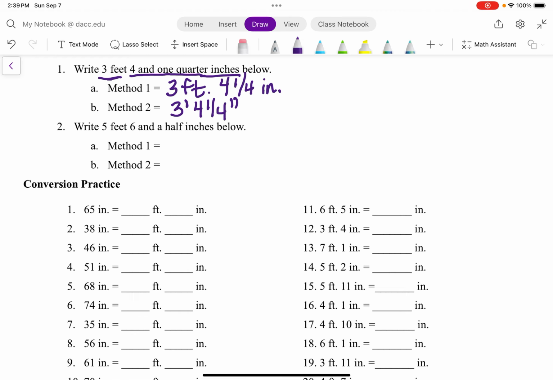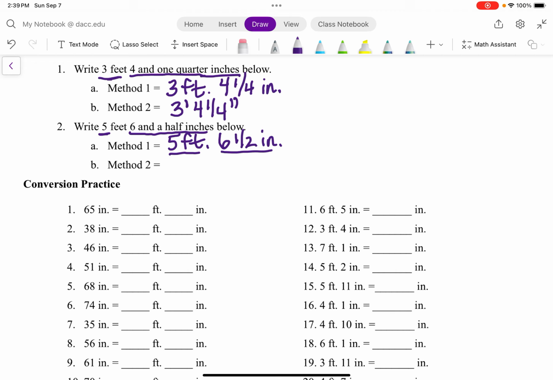Let's go to number two. We have 5 feet 6.5 inches. So method one again, and we always start with feet. How many feet? We have 5. So 5 feet. And then how many inches? 6.5 inches. 5 feet, 6.5 inches.